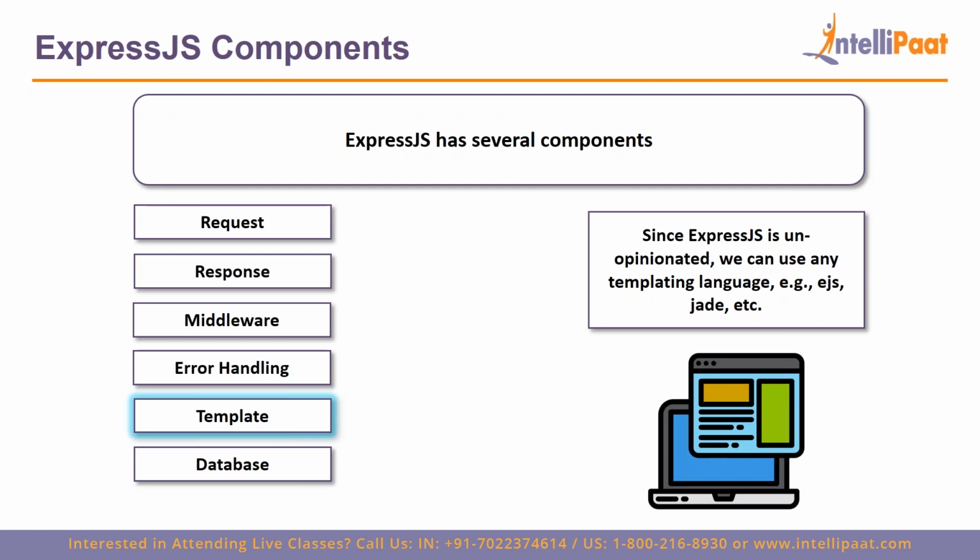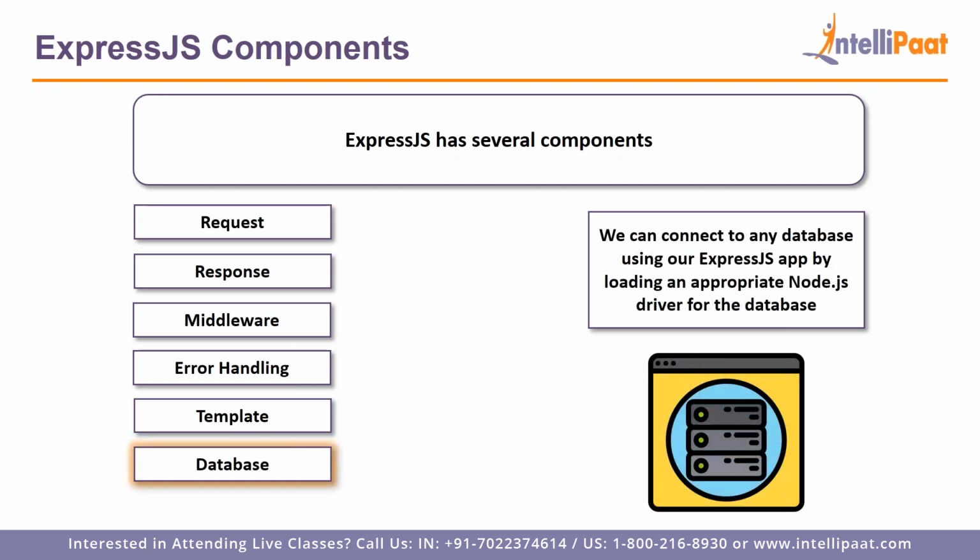We'll take a look at some of them in a later slide, but as of now, you should understand that templating allows us to create a skeleton in which we can fill the dynamic data that we want and send it back to the user. So it allows us to build an HTML response with dynamic data pretty easily. And Express.js allows us to use many different kinds of templating engines.